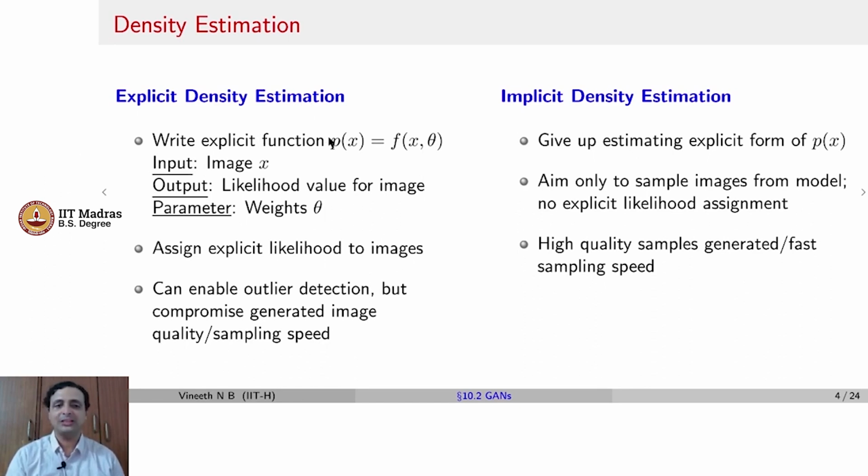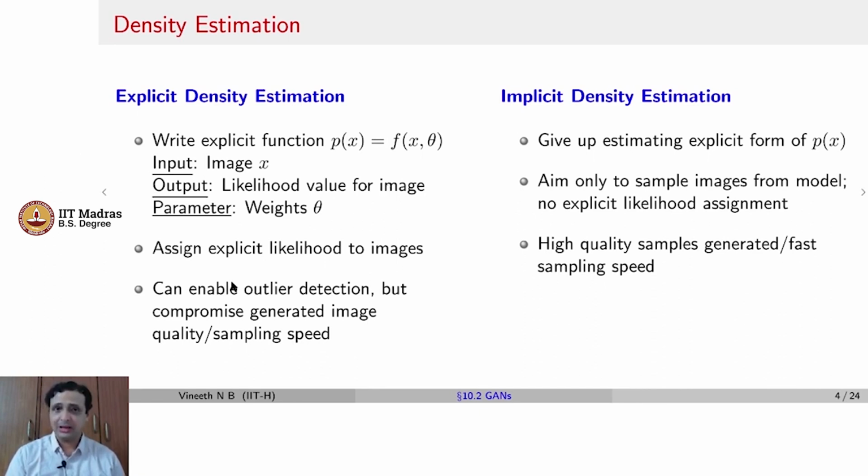For example, you may say P of X is equal to F of X theta, where F could be a Gaussian function in the case in which you assumed a Gaussian distribution for the density. In this case, the input would be image X, the output P of X would be the likelihood value for image X, and the parameters would be the weights theta, which define that function that you've assigned for the density.